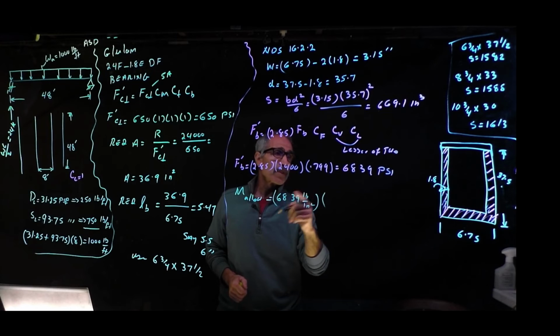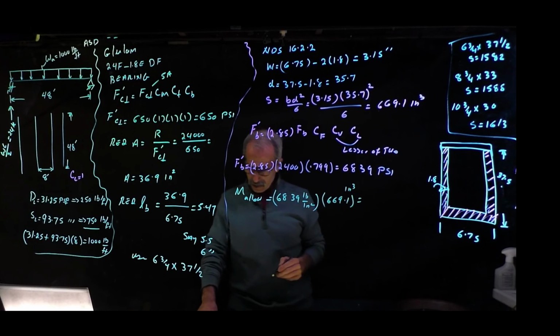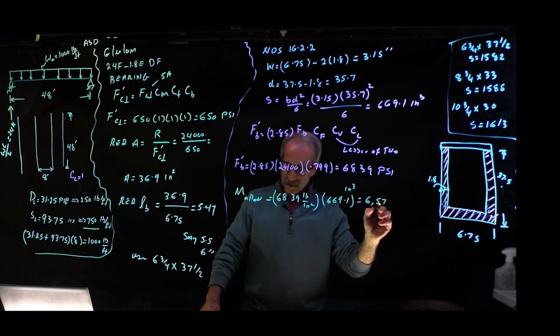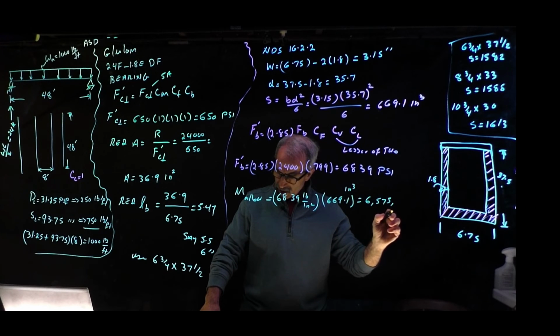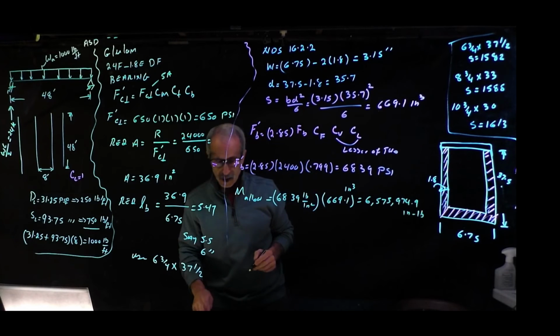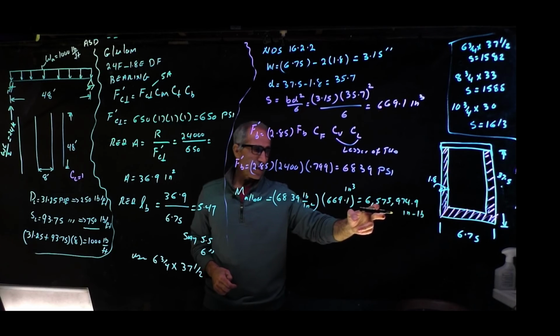You know the equation for these, right? 669.1 inch cubed, and I'm going to end up with inch-pounds, which came out to be 6,974.9 inch-pounds. This divided by 12 divided by 1,000.